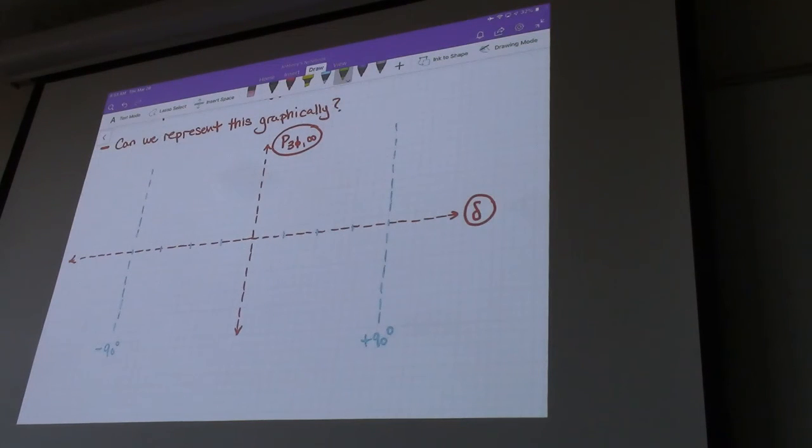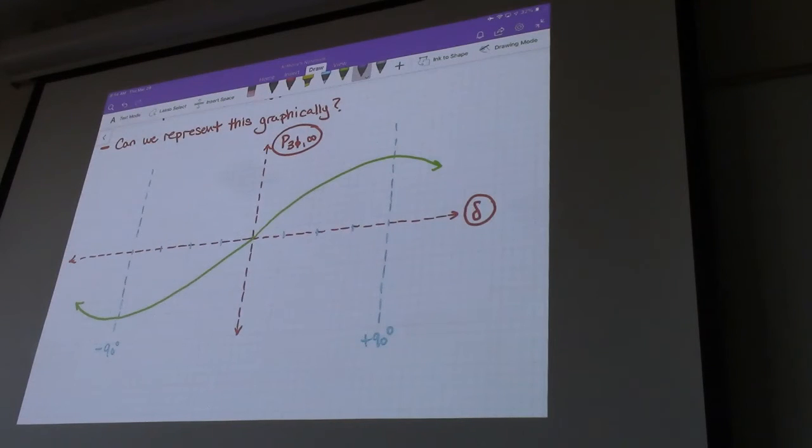And so the sine wave reaches a maximum at 90 degrees, and reaches a minimum at negative 90 degrees. So what are the different modes of operation that we're going to have?